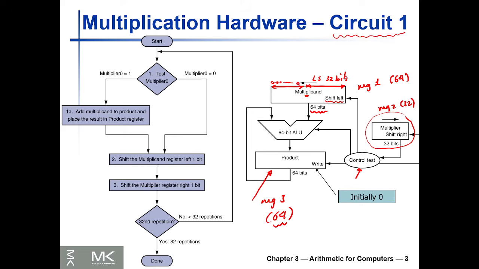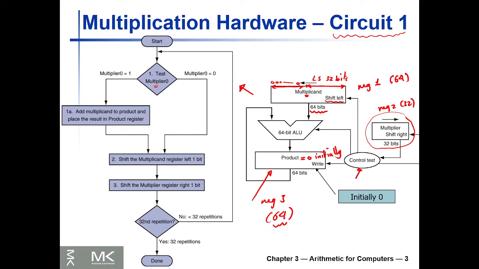And here is the algorithm under which this circuit will work. First we're gonna start, of course, with product equal to 0 initially. And then we start by checking the multiplier's least significant bit.